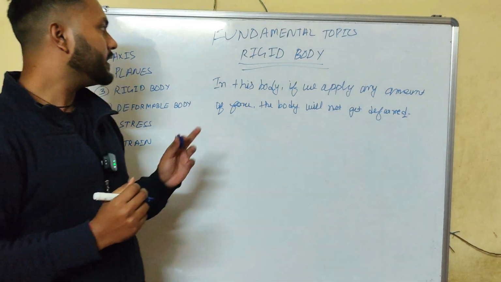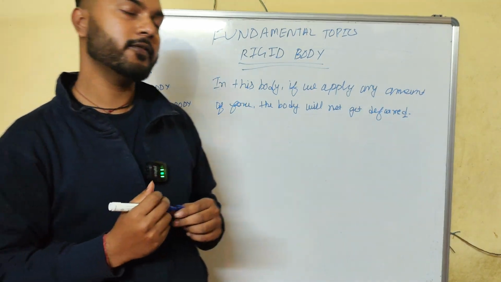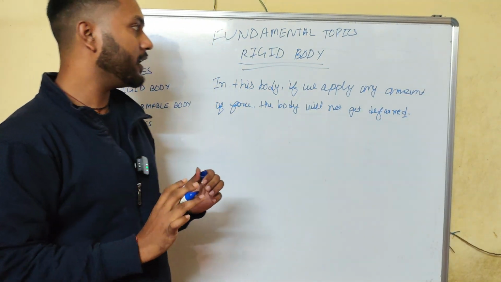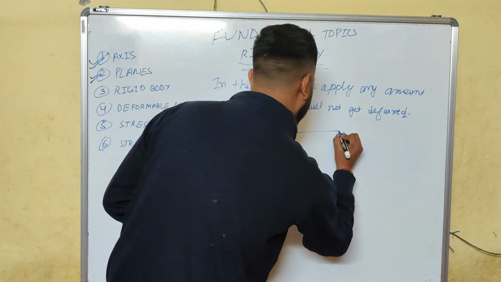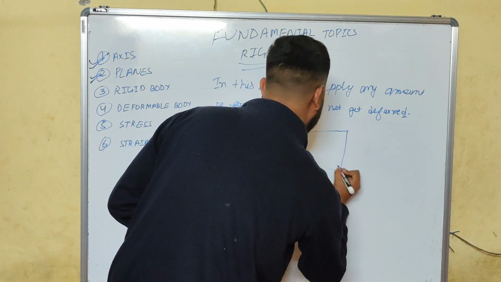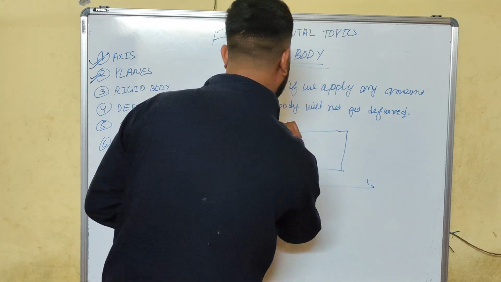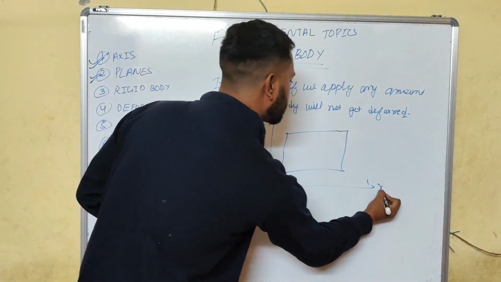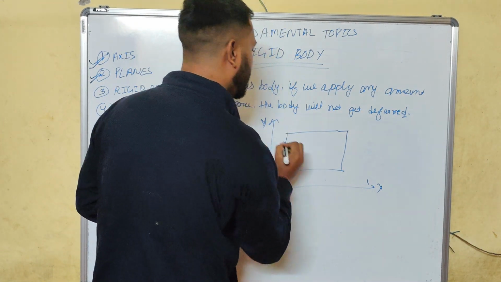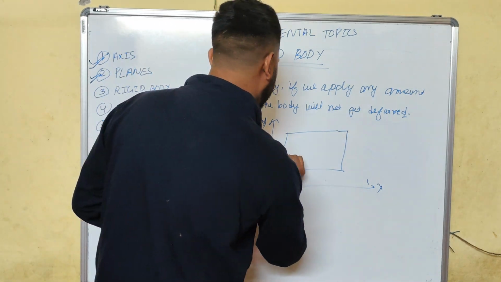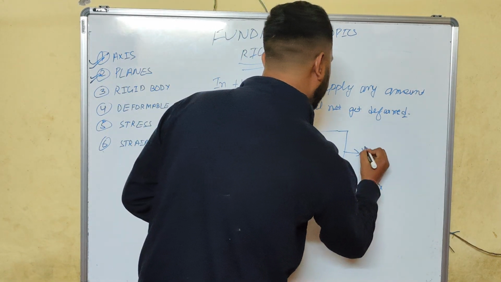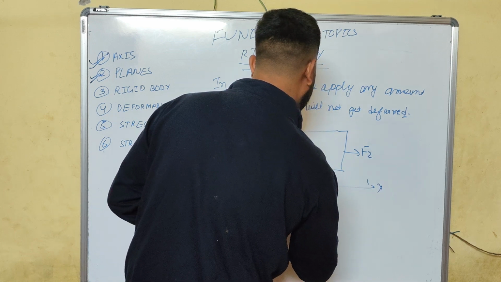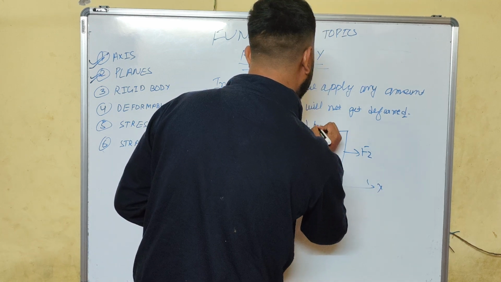So understood? Basically in the rigid body, if we apply any amount of force, the body will not get deformed. Suppose we have this body as a lamina, in the XY plane. We apply forces like this, F1, F2, F3, F4.